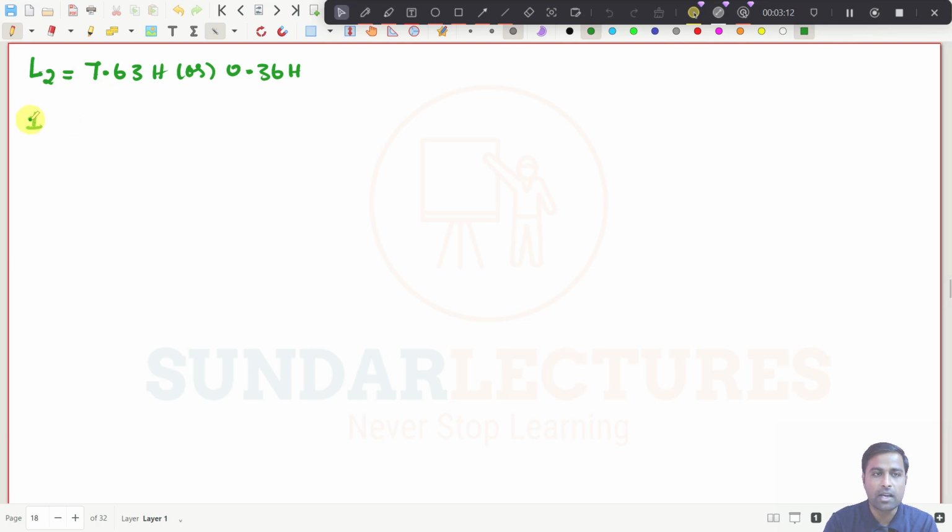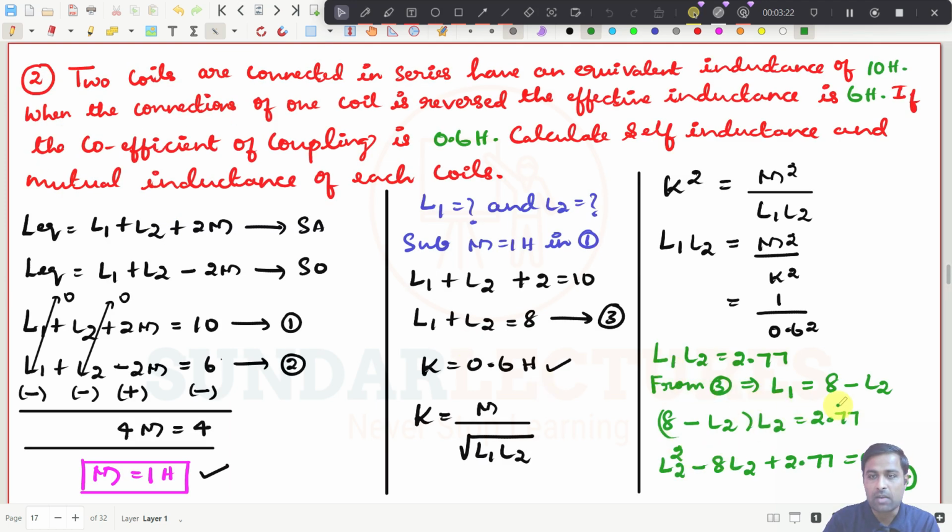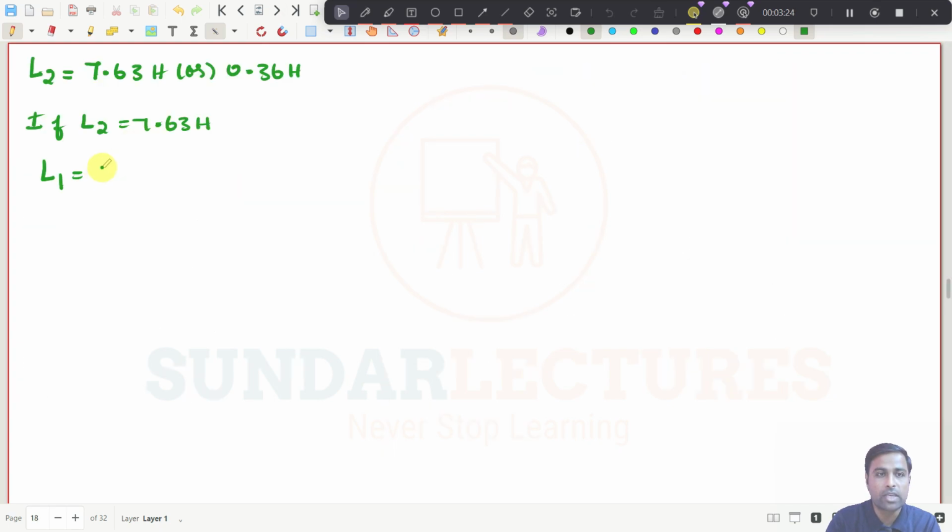If I take L2 to be 7.63 Henry, then what will be L1? L1 is equal to 8 minus L2, so 8 minus 7.63, and you will get L1 as 0.37 Henry, right?